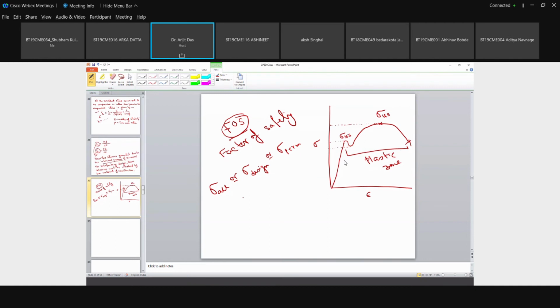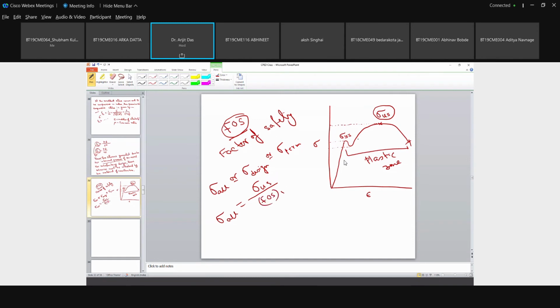Factor of safety is nothing but a number. If we know the ultimate stress of a material, for example low carbon iron, the allowable stress is the ultimate stress divided by the factor of safety.